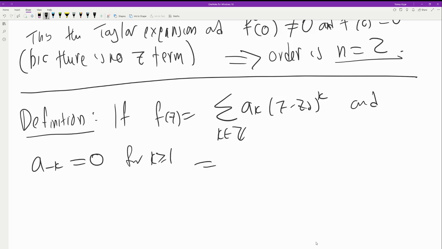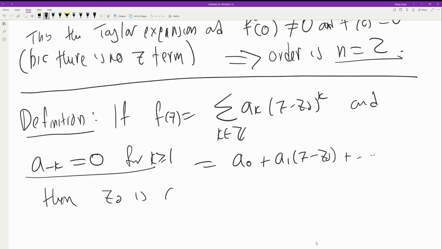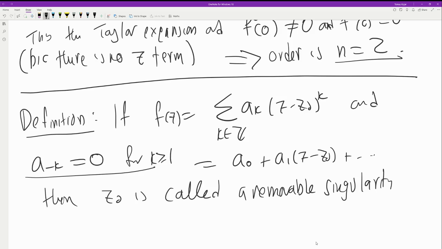In other words, this is equal to a0 plus a1 and so on, so there are no negative terms. Then z naught is called a removable singularity for f. Good.